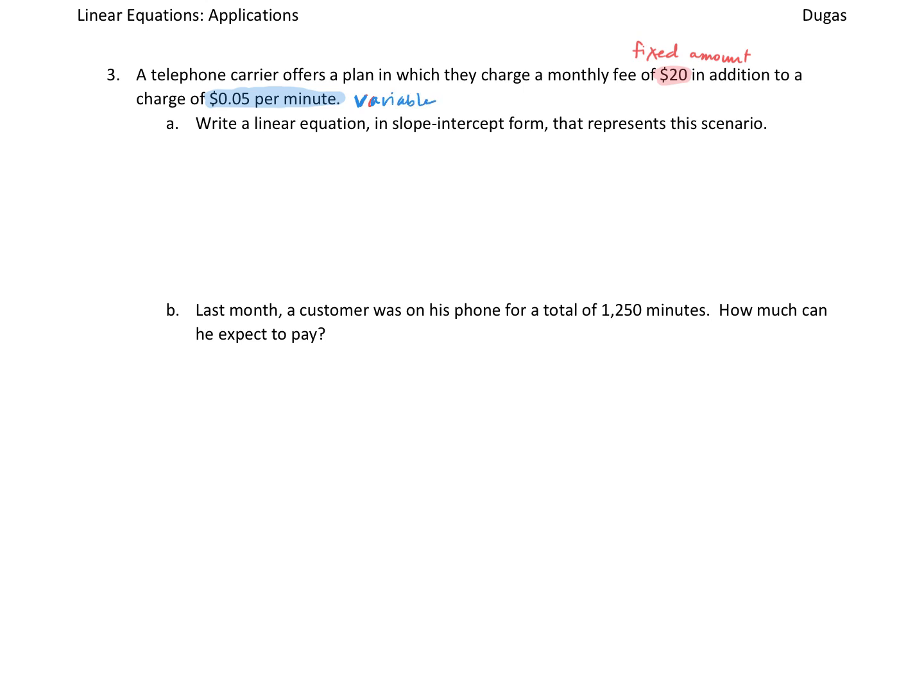Okay, so we're going to use that information to write our equation. So Y equals, the variable cost is 5 cents per minute, and then the fixed cost is $20. The X represents the minutes, right? Because again, remember, it tells you here, it's 5 cents per minute.